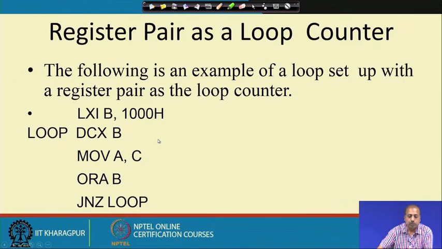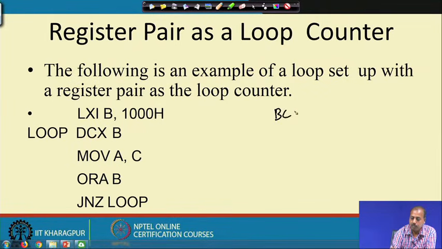Suppose we want a delay of 1000 hex. We move 1000 hex to the B register pair. As a result the BC pair gets the value 1000 hex, or rather the B register gets the value 10 and the C register gets the value 00.